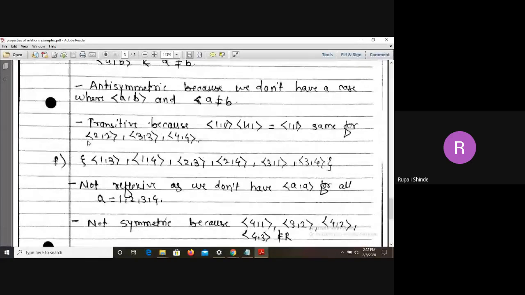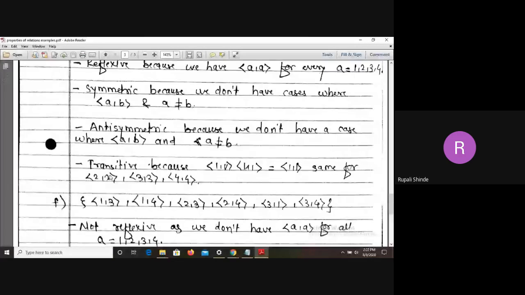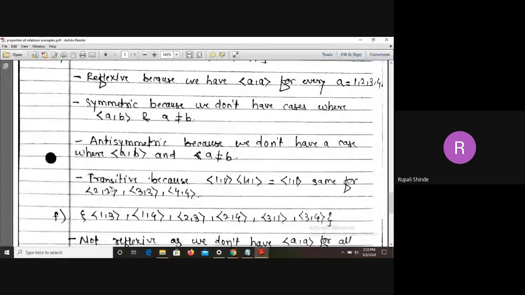Relation F is also there. So what are the properties satisfied by this relation? Is it reflexive? No, because (1,1), (2,2), (3,3), (4,4) all these ordered pairs are not here.